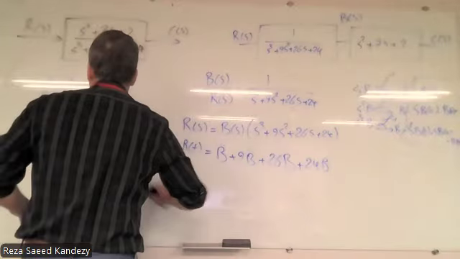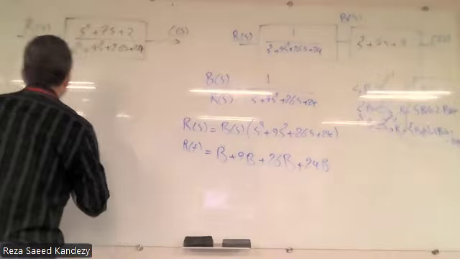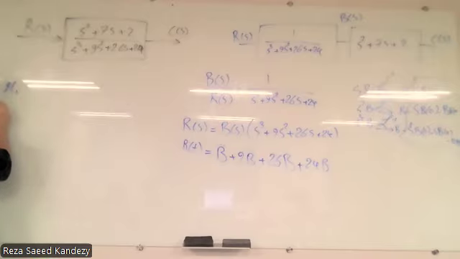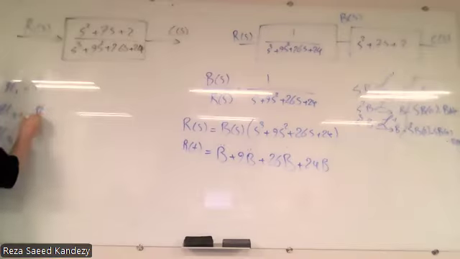So we are going to define our state variables as x1, x2, and x3. x1 we are defining as b, x2 as b dot, and x3 as b double dot.